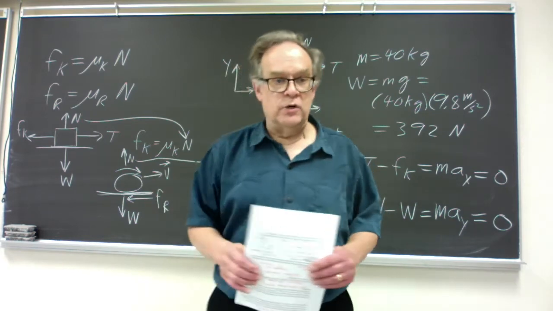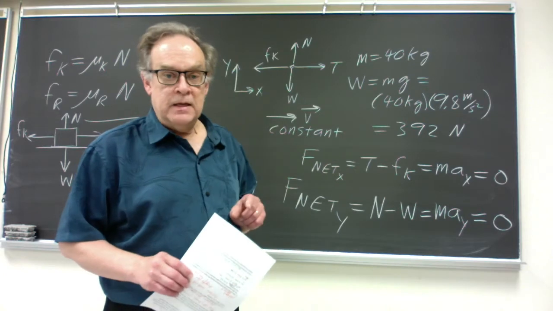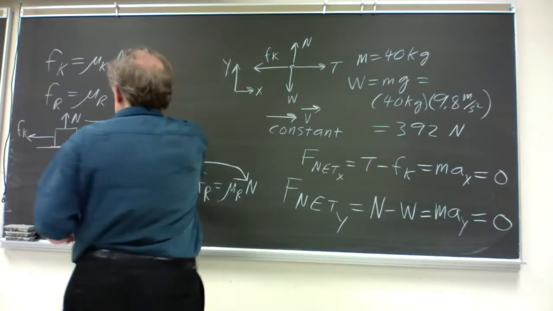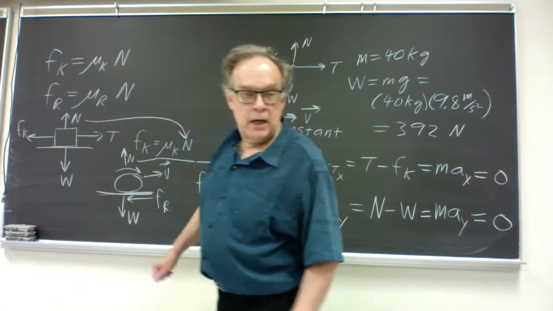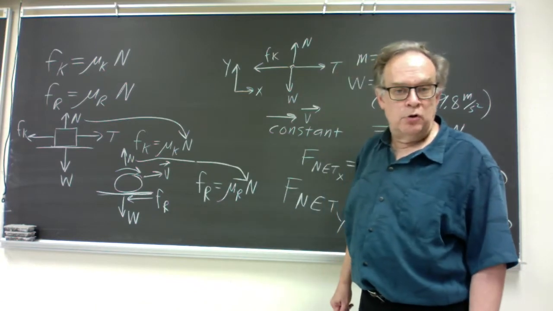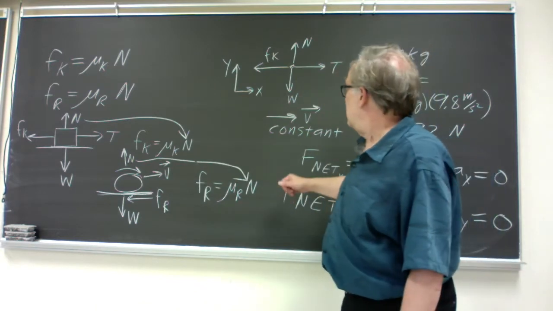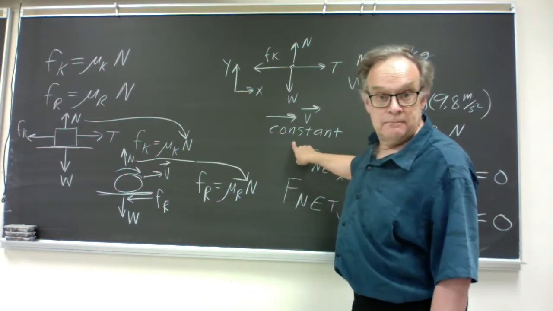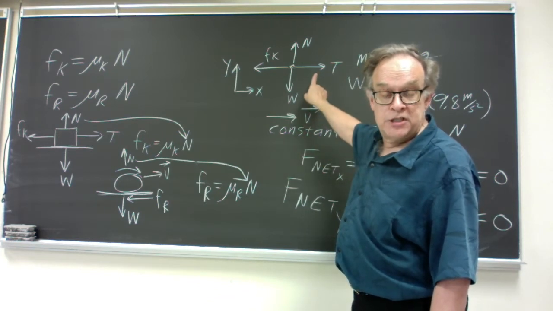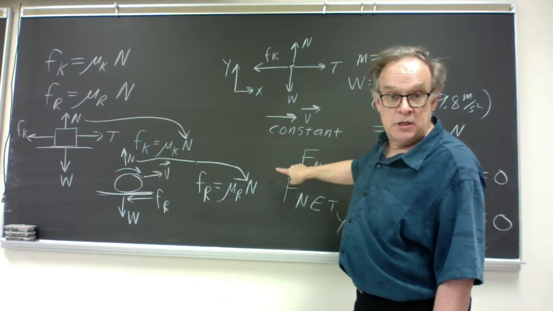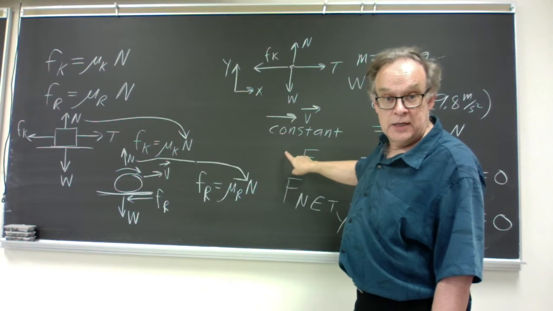Let's look at a particular example here involving kinetic friction. We'll go back to the example here where I'm pulling the crate left to right. I'm giving it just enough tension so that it moves at a constant velocity.